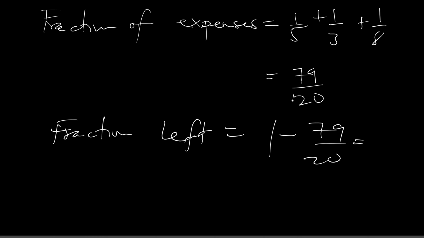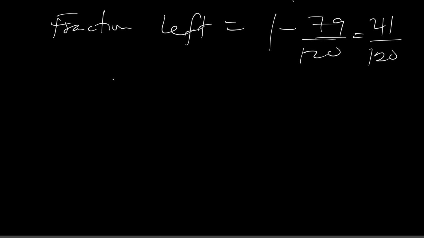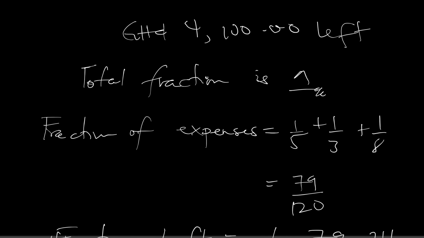No, this should be 120. So the fraction left will be 1 minus 79/120. And that should give us 41/120. So what we are saying is that the fraction left is equal to the amount left.